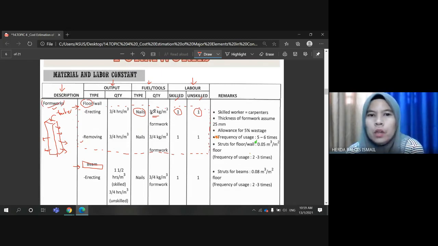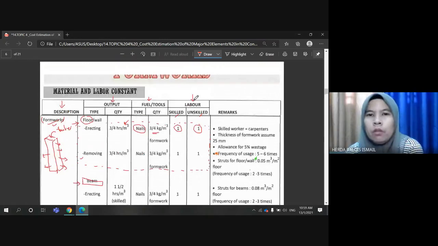And with these two workers, it requires 3/4 hours to erect 1 cubic meter of the formwork, and it requires 3/4 kilogram of nails.